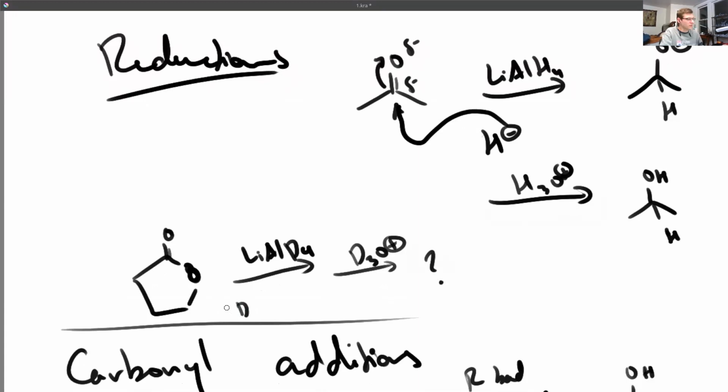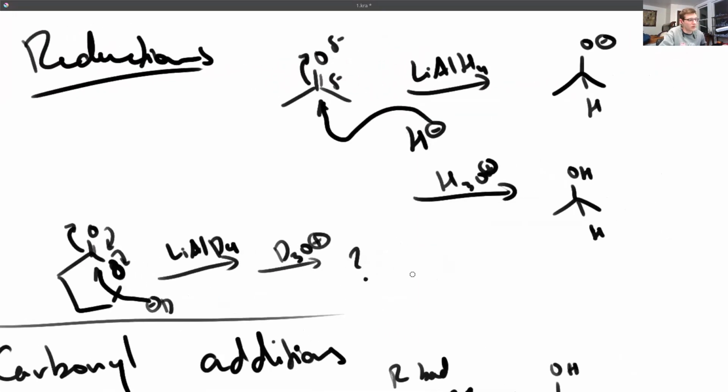So this D minus is going to come in and attack the carbonyl, right? The electrons are going to kick up, but this O minus is a pretty good leaving group. So the electrons are just going to come back down and kick off that O minus. Okay.